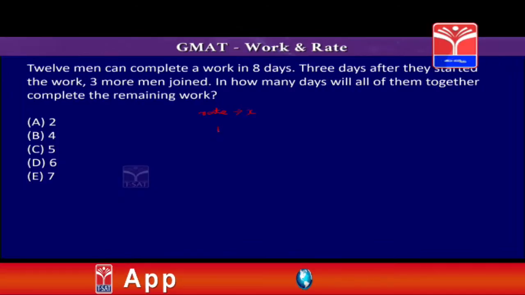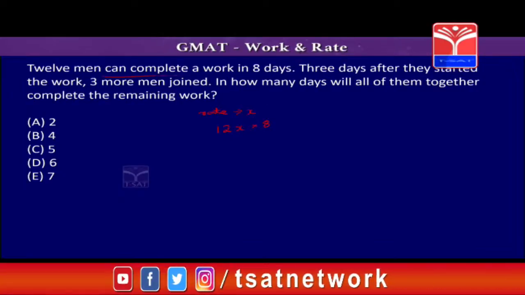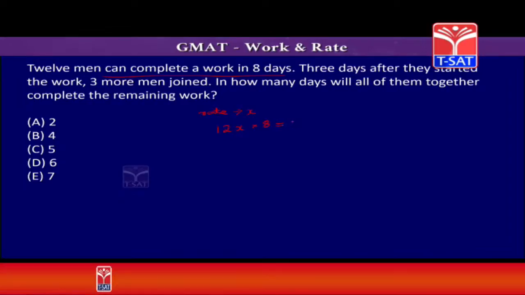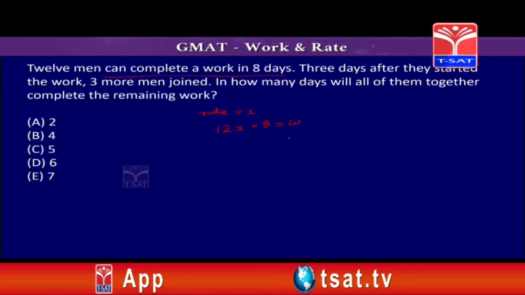If it is 12 men, then the rate becomes 12x. The time is given as 8 days, and rate into time will give you the work. Let's say the work is W.